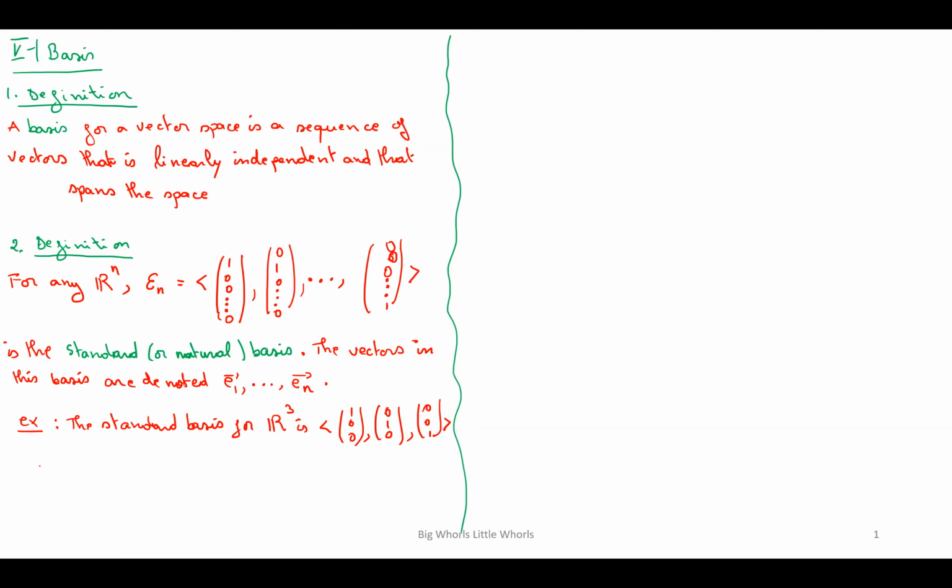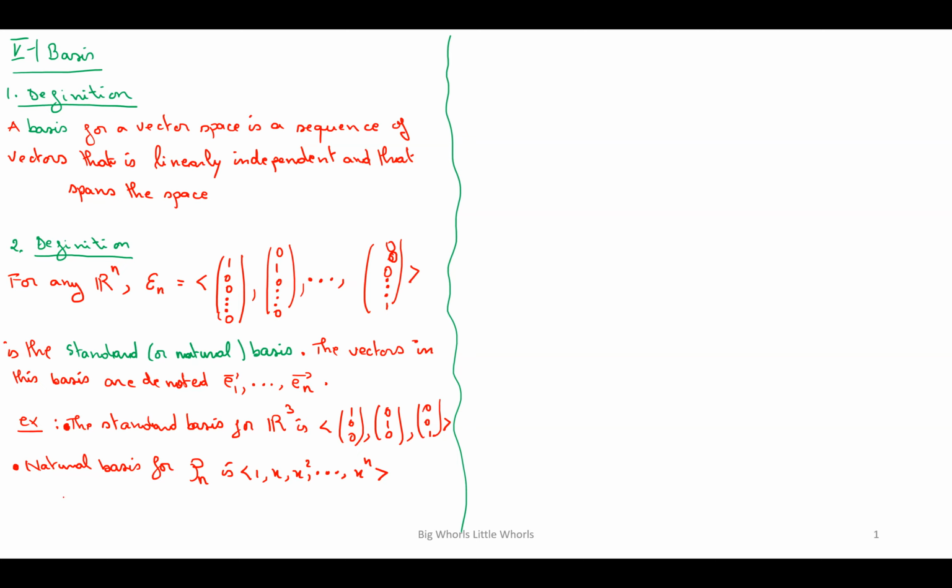Let me give you the natural basis for polynomials. The natural basis for polynomials of degree n is 1, x, x squared, up to x to the power of n.